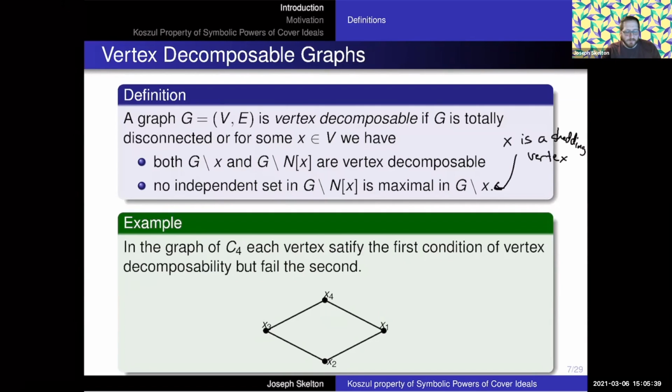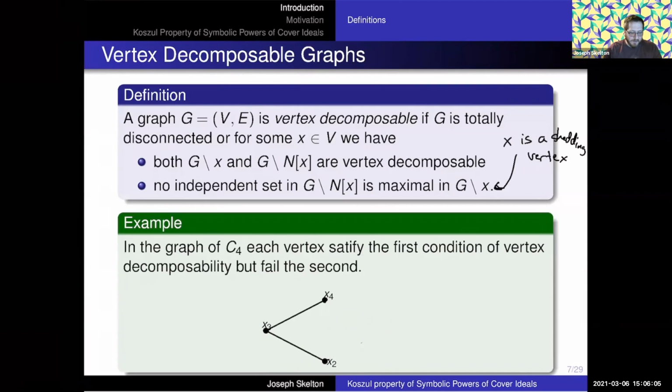As an example, here we have C4. C4 is not vertex decomposable. It's usually easier to see when something is not vertex decomposable than when it is. It fails the second condition. If I delete X1, I get a path that's vertex decomposable.